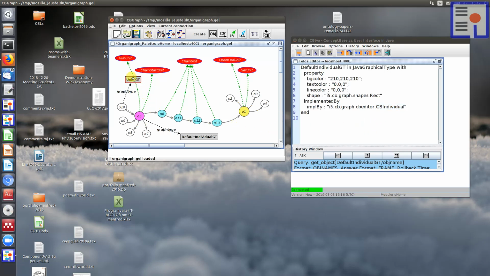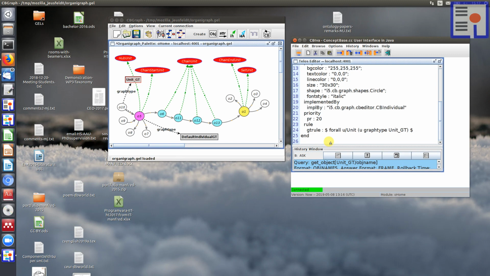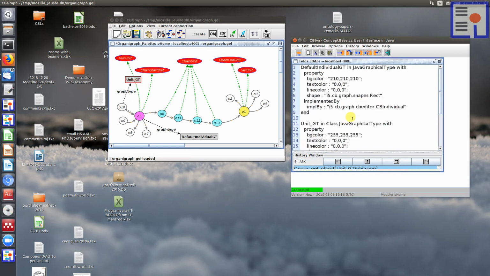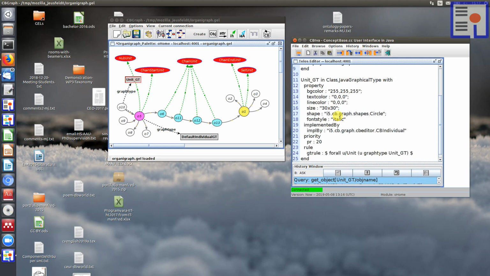So let's have a look at this one here, unit GT. A little bit bigger. So this has white background color, like we see here for O10.